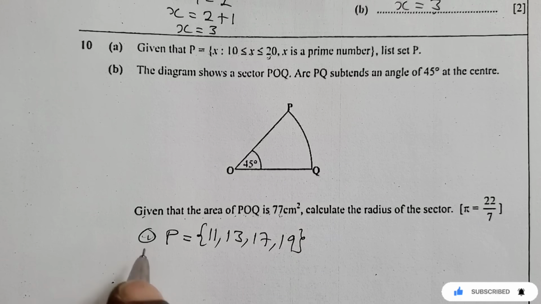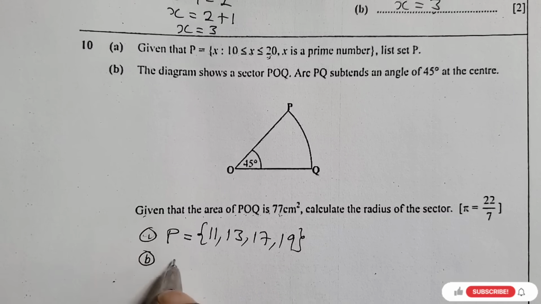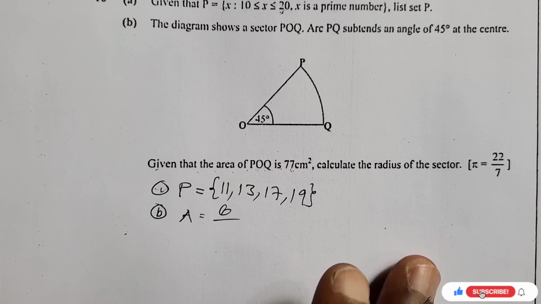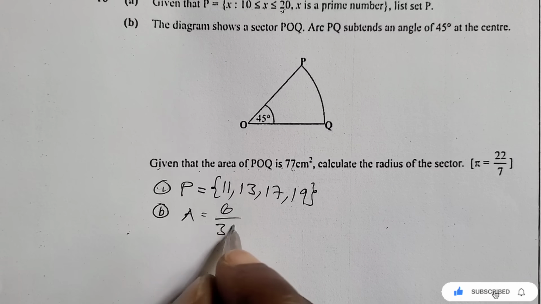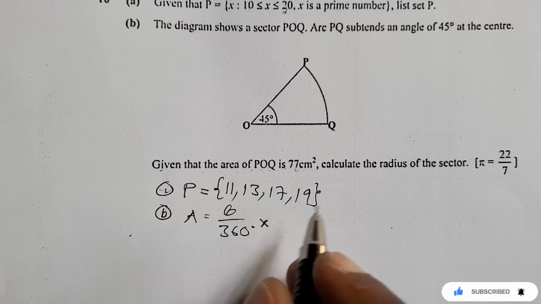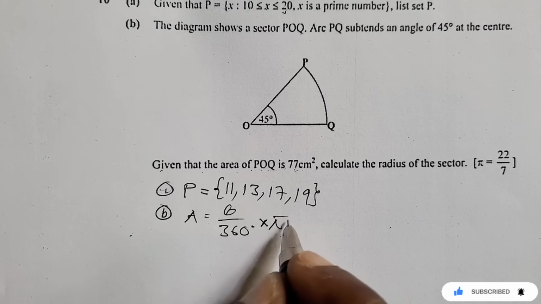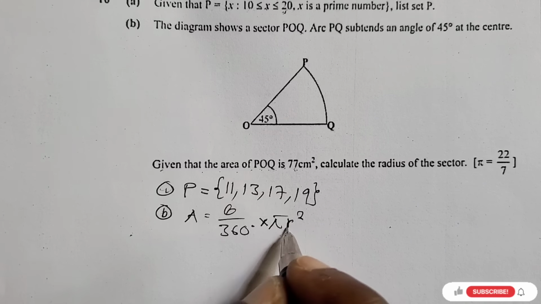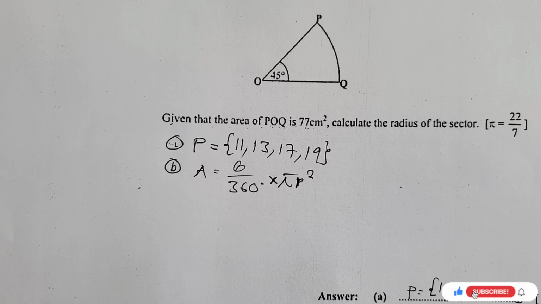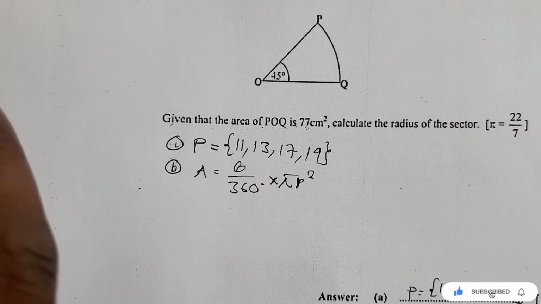Okay, so I'm going to use the formula for what? Area of a sector. So area of a sector is equal to theta over 360, multiplied by pi r squared. This is for area. Now let's substitute what we have been given here.